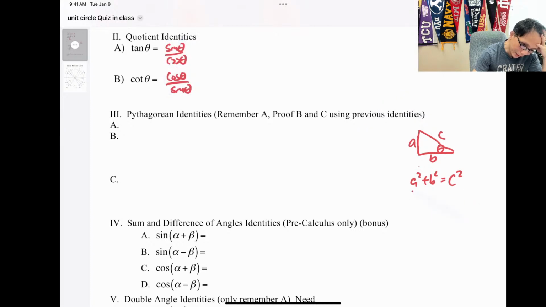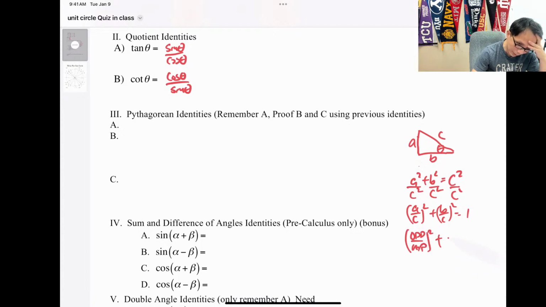And then I can divide everything by C squared. So that's A over C squared plus B over C squared equal to 1, right? So what's A over C? Well, A is opposite over what? Hypotenuse. Does that make sense? Plus B over C is adjacent over hypotenuse.